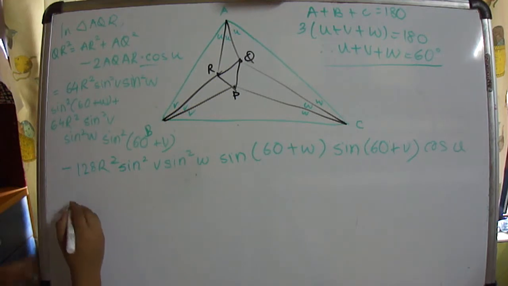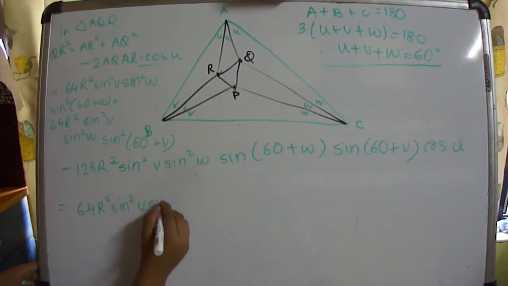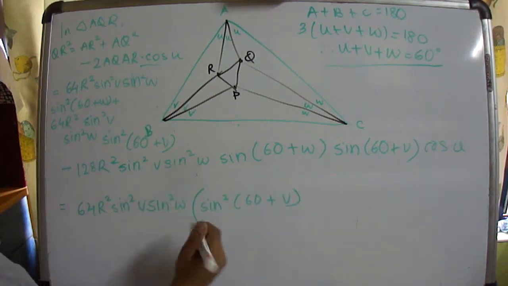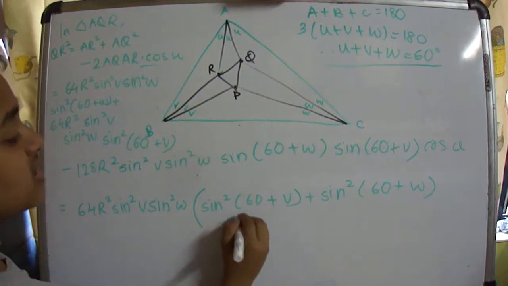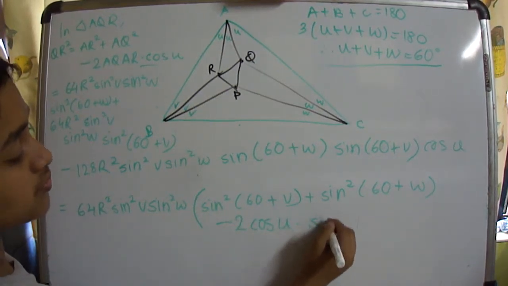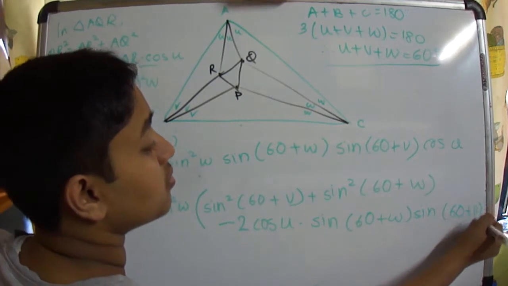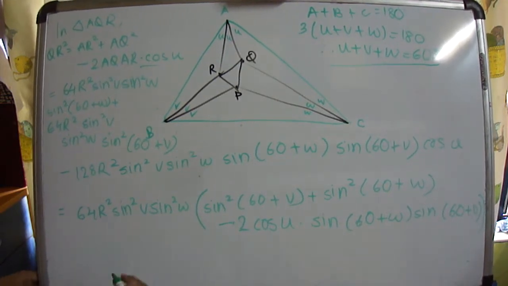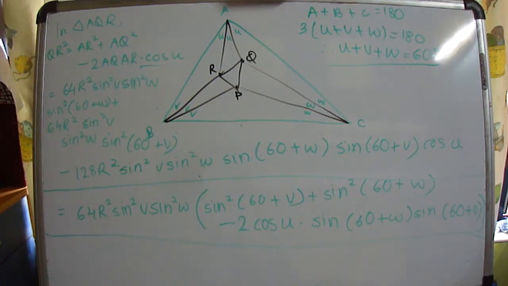So we can take that out. 64R square sin square V sin square W times sin square 60 plus V plus sin square 60 plus W minus 2 cos U sin 60 plus W sin 60 plus V. For now, we will keep this aside and we'll prove one more thing, which is called the angle version of cosine rule.